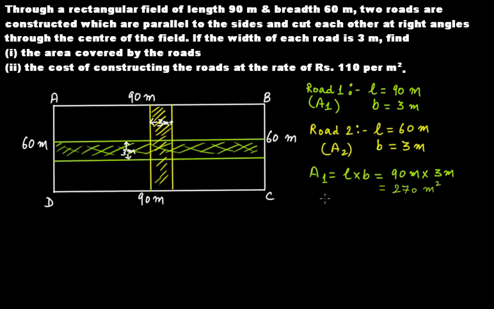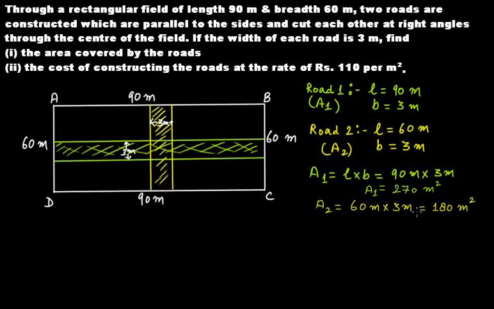And A2 is 60 meter times 3 meter, which is 180 meters square.